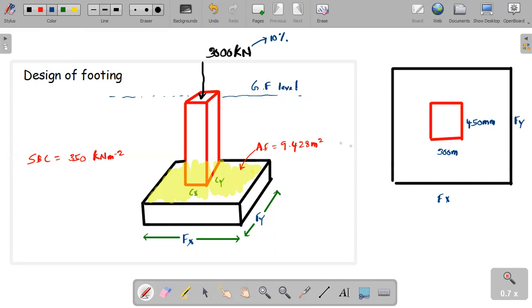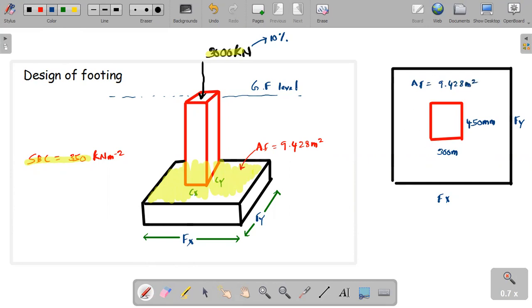But for simplification purposes, I will take the same load and the same soil bearing capacity. That means it won't change the area of the footing. So AF is still 9.428 square meters.